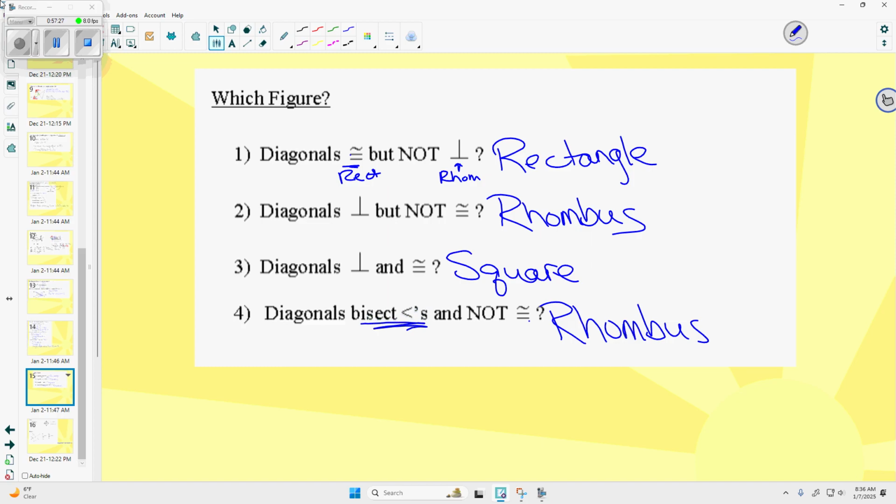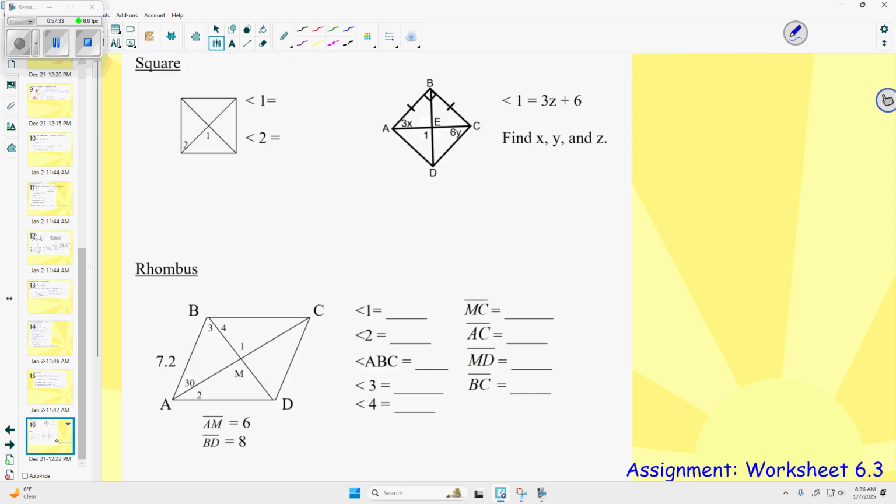All right, a few more to go. We okay here? All right, I need to know angle 1 in this picture. It is a square. I heard 90, absolutely, because your diagonals are perpendicular. Okay, how about angle 2? Go bigger picture.